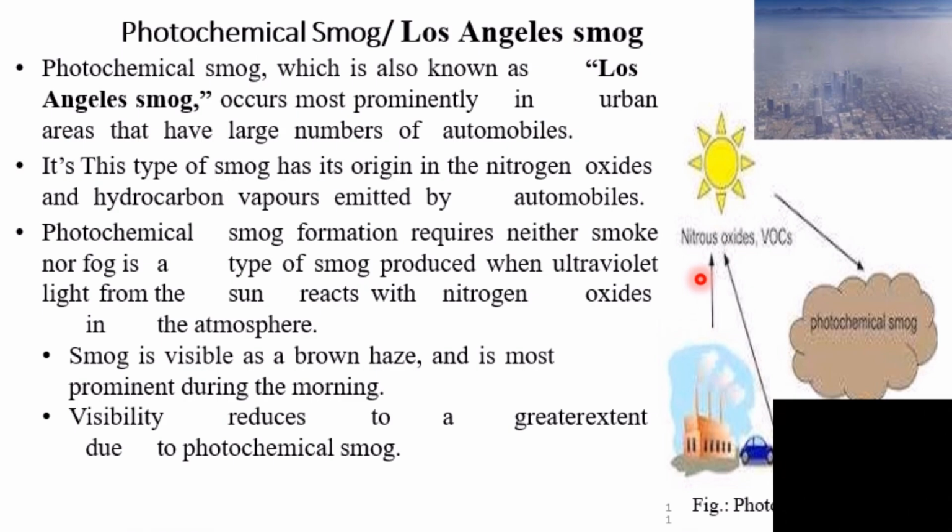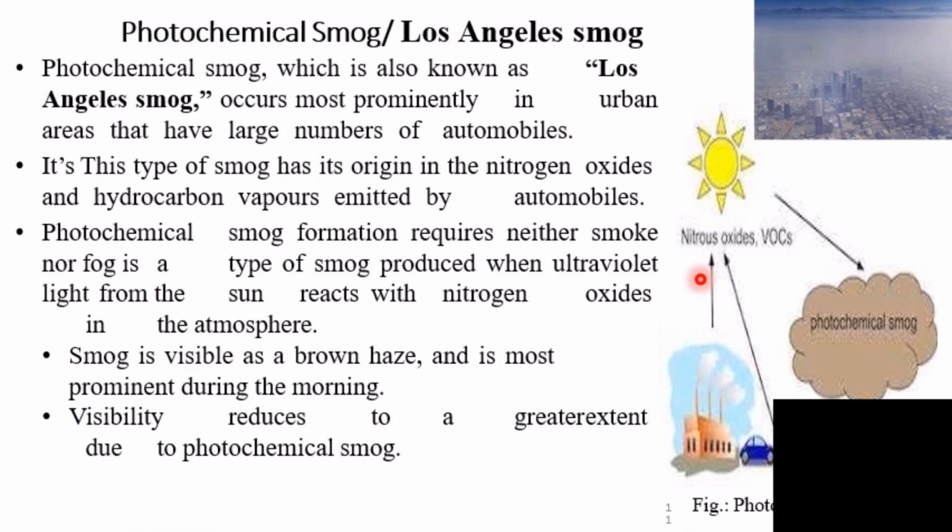You cannot categorize it as smog or fog, but it is basically a UV reaction, a reaction of the sunlight and the primary pollutants, forming a layer of secondary pollutants.